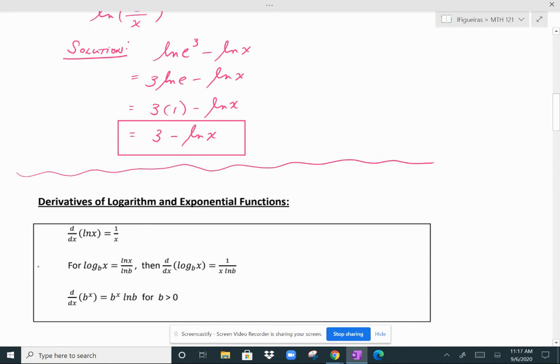If you have a different base, like log base b of x, there's a change of base formula which allows you to rewrite it as a natural log. So it's equal to ln of x over ln of b. Ln of b is a constant, it ends up being a coefficient of ln of x. So it's 1 over ln of b times ln of x.